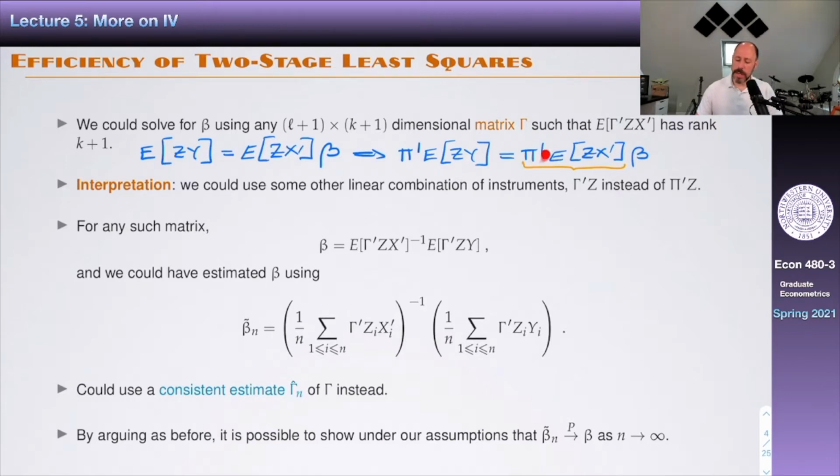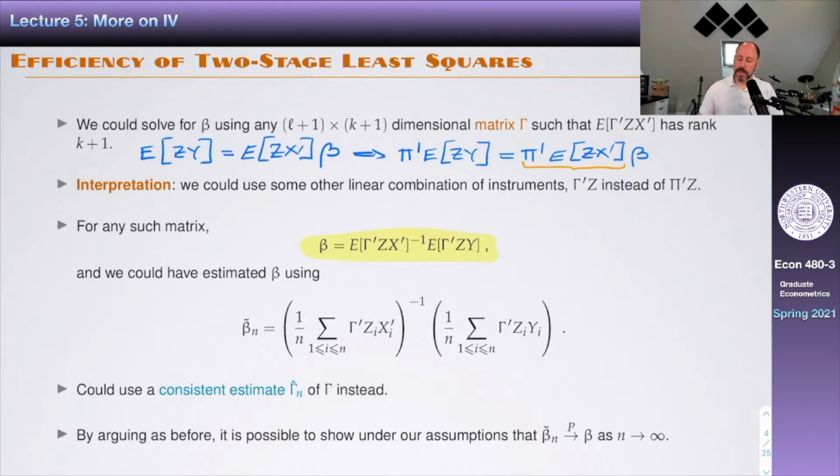And as long as that matrix was such that this is invertible, we could have obtained a different representation. So in general, it would have led to something that looks like this. Beta is equal to this expression where instead of having pi, we have gamma. This is a different representation of beta. So we learned that beta could be identified through different such matrices.